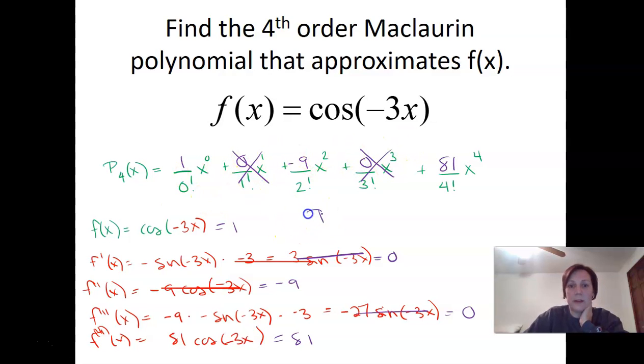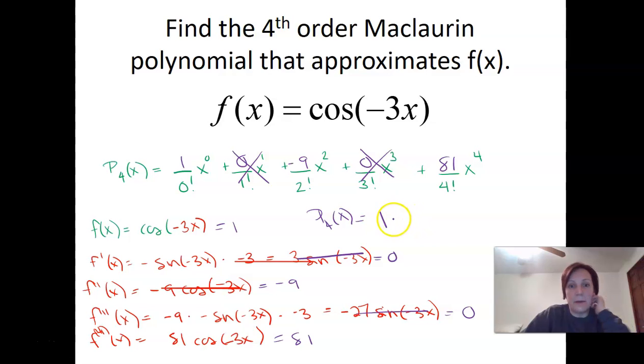So my final answer for my fourth order, not that I would ever simplify, that's crazy, but sometimes you'll see right the first 4 non-zero terms, and so I don't know what they would say if you left those terms in. This term, be careful, this is not 0. X to the 0 is 1, 0 factorial is 1. This is 1 over 1 times 1. It's a big fat 1.